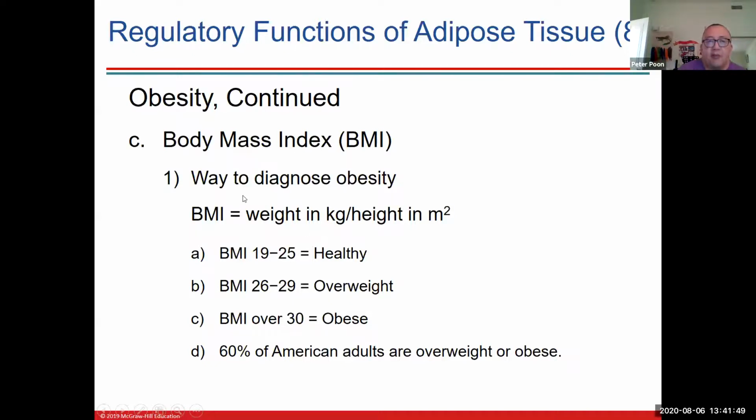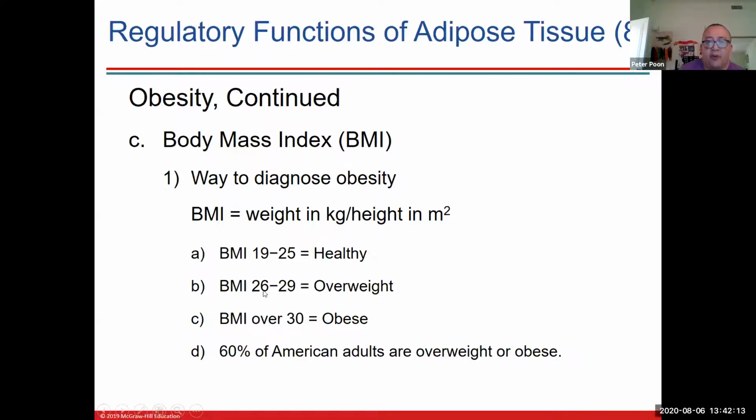So your body mass index, or BMI. BMI is a great off-the-cuff measurement. It is not a particularly accurate measurement for certain groups of people, in particular athletes. A BMI of 19 to 25 is healthy.